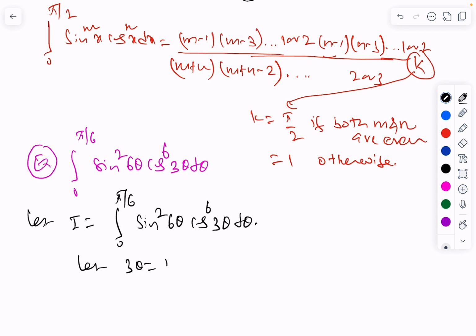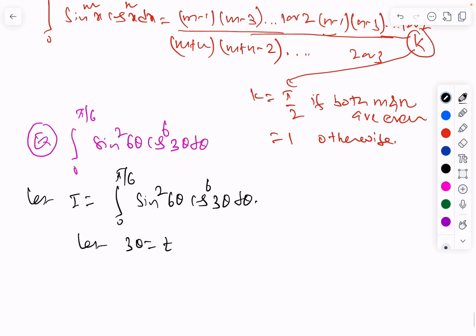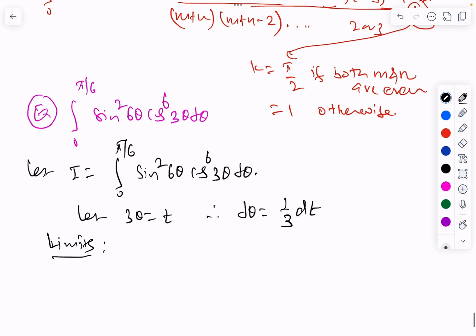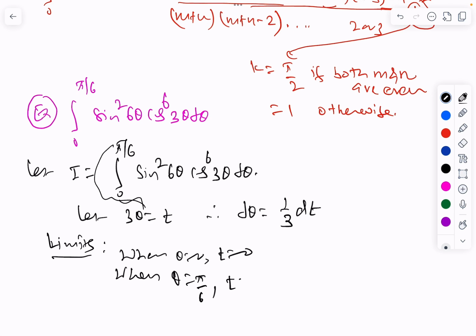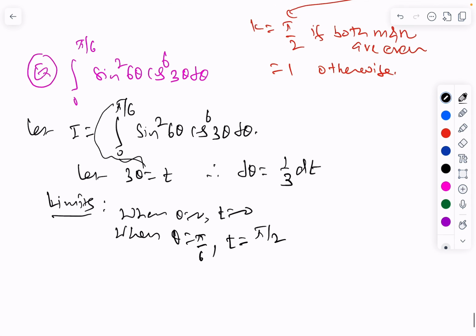Now let 3 theta equal to t. So therefore d theta equal to 1 by 3 dt. Then limit. When theta equal to 0, t equal to 0. And when theta equal to pi by 6, t equal to 3 pi by 6, so that means pi by 2.